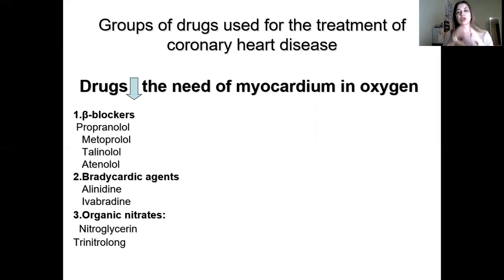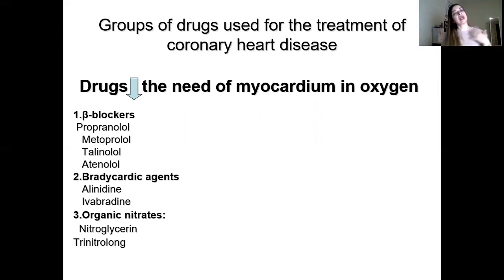The first group: drugs which decrease the need for myocardial oxygen. As I said, we should calm down our heart, make it do less work. By that, we will have less demand for oxygen, less energy needed.